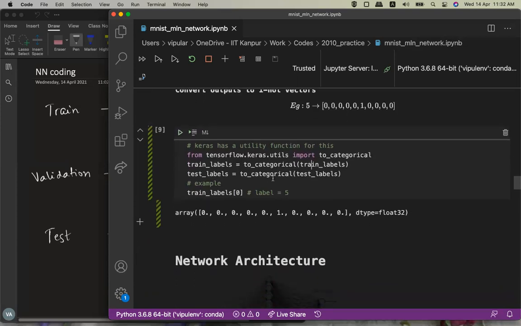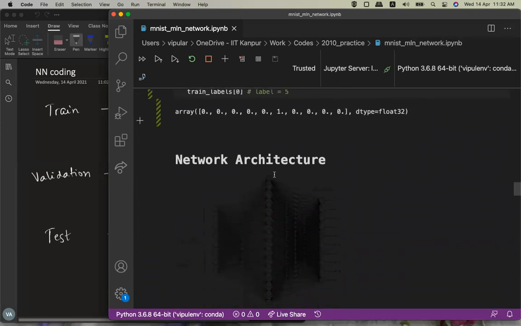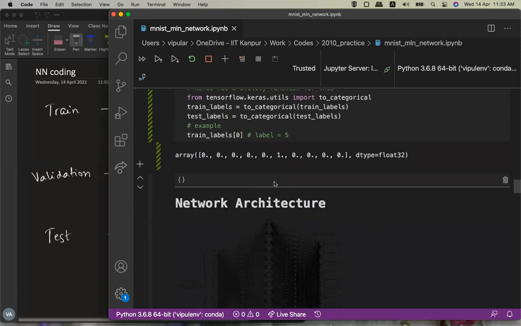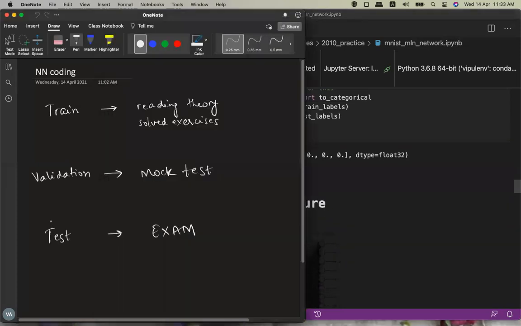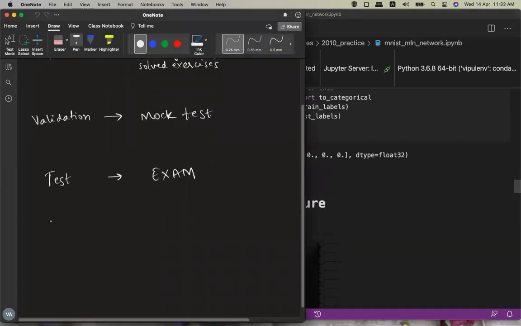Good question. So let's move on to the network now. We have prepared our inputs. If you remember, our model is like this. We have some function f here, and my inputs are x and y, and I want this y to match y desired.